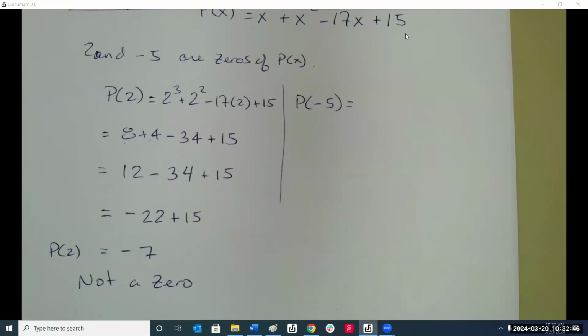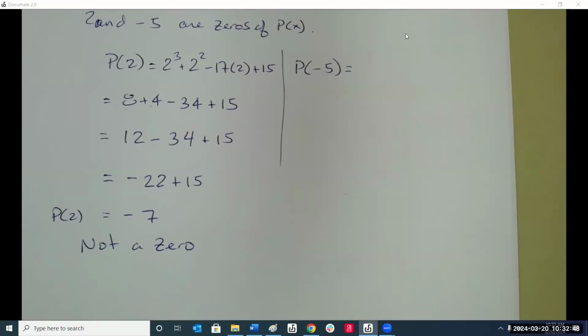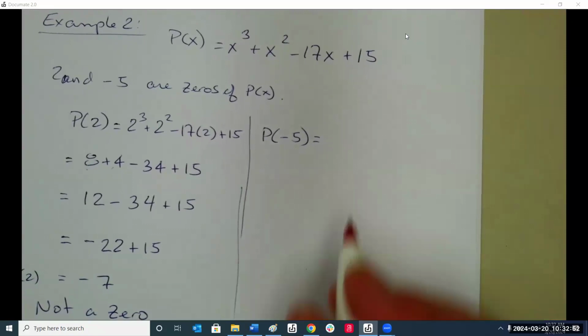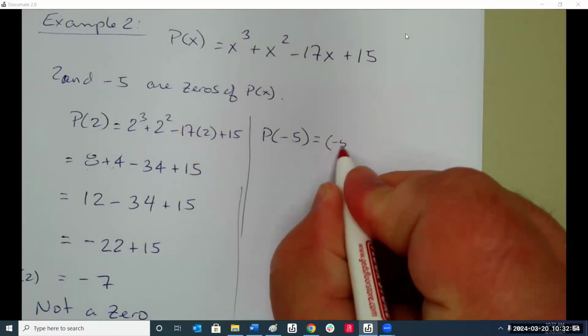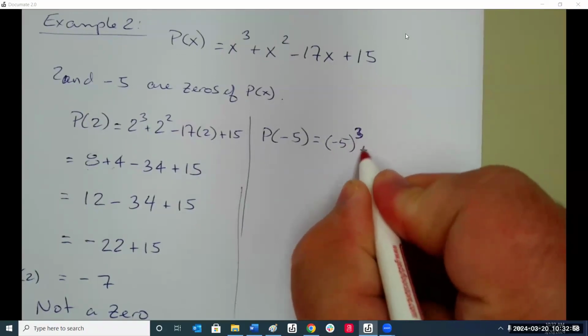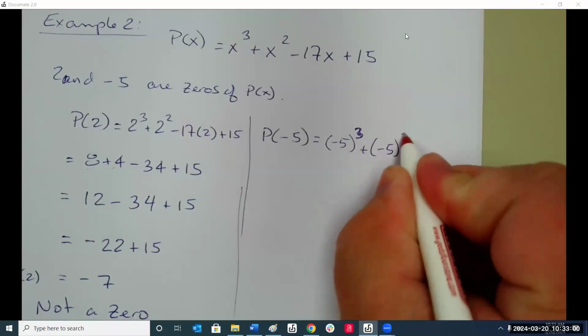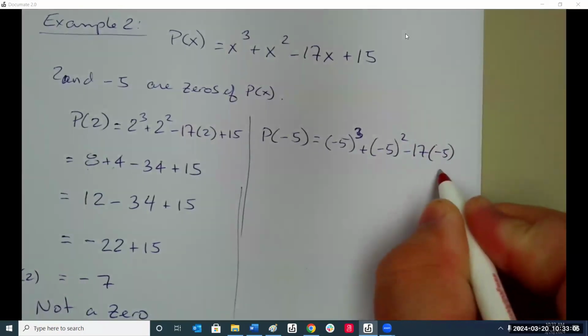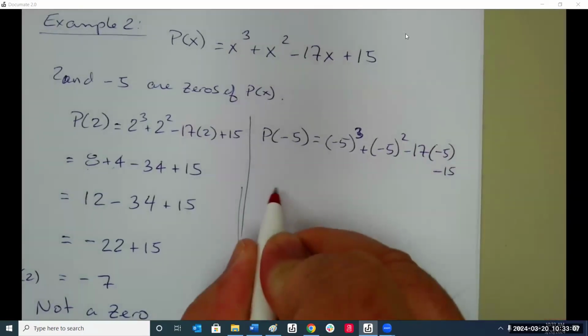So it's not a 0. Then we do the same thing with the -5. -5 cubed, -5 squared, minus 17 times -5 plus 15.